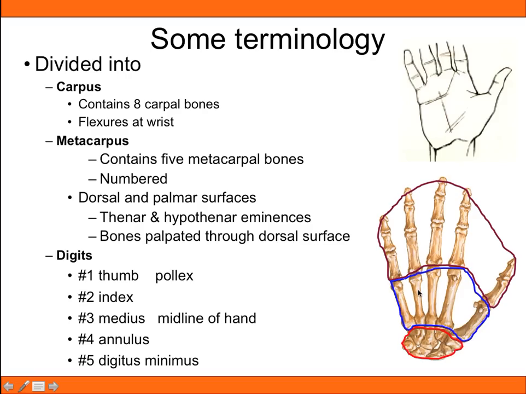Now the metacarpus contains 5 metacarpal bones, and in the hand they're numbered lateral to medial. So your thumb's number 1, 2, 3, 4, 5.